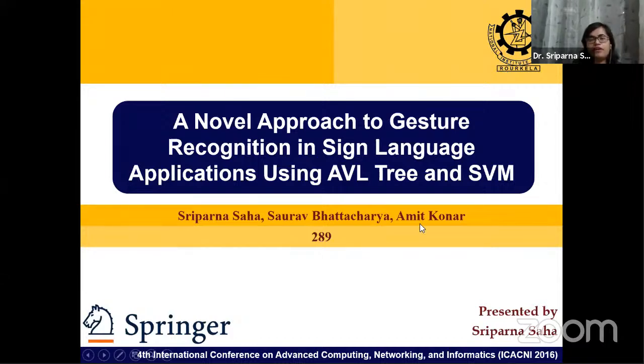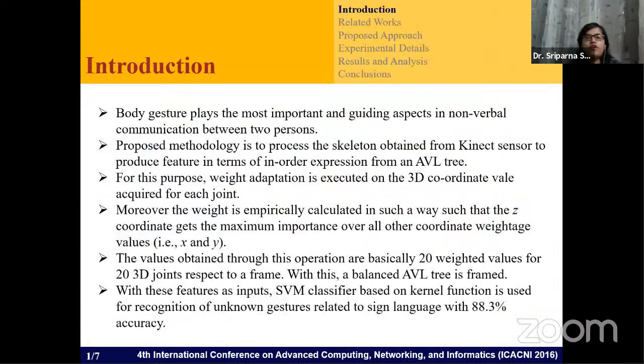In this paper, we have used AVL3 as well as SVM to recognize the gestures that form sign language. So here we are talking about gesture recognition in the domain of sign language application. In the last class, we already discussed what a gesture is. Body gesture is something by which non-verbal communication between two persons can be done.